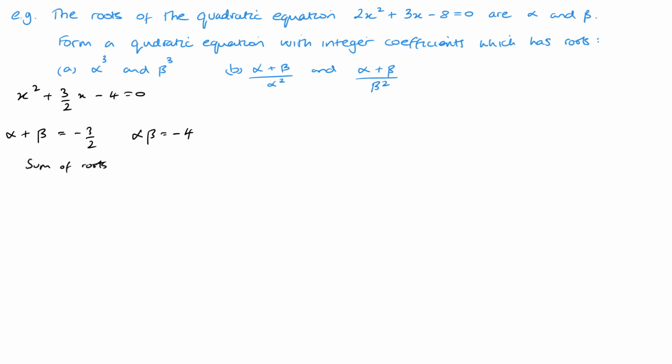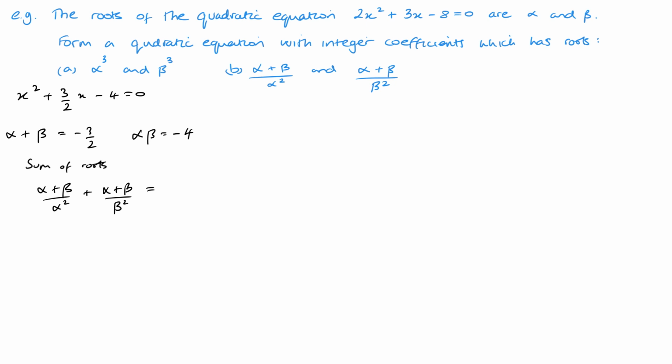Now we're looking at part B, and this is what we're looking at: alpha plus beta over alpha squared and alpha plus beta over beta squared. So sum of the roots means that we need to add these together, don't we? So we're doing alpha plus beta over alpha squared plus alpha plus beta over beta squared.